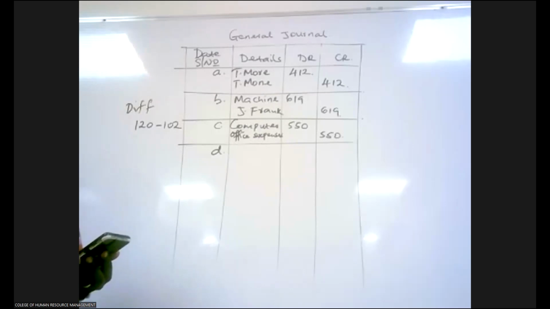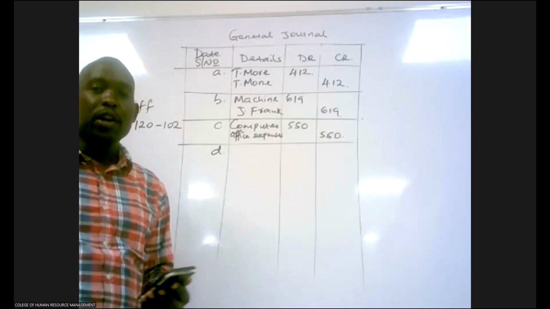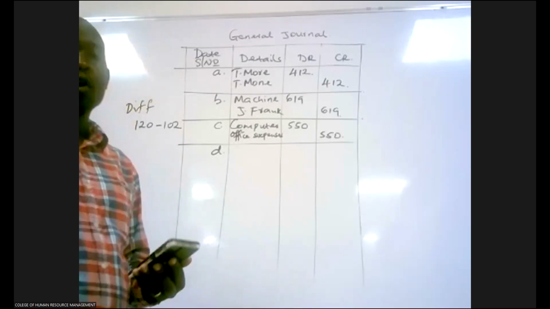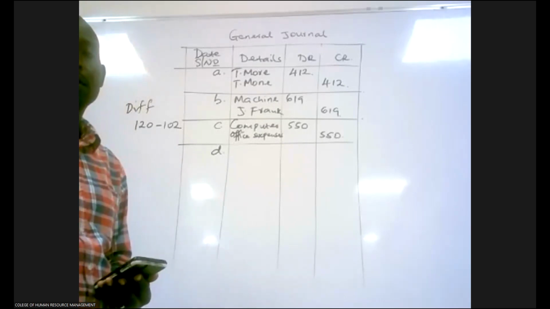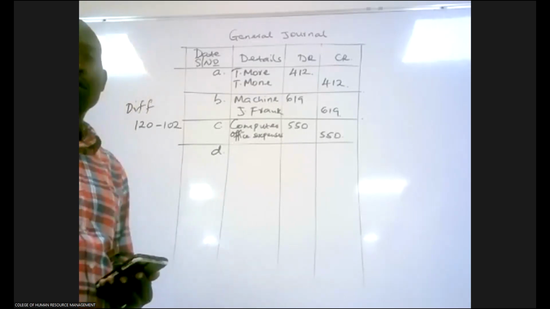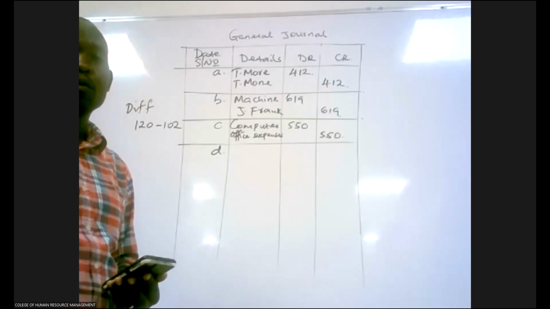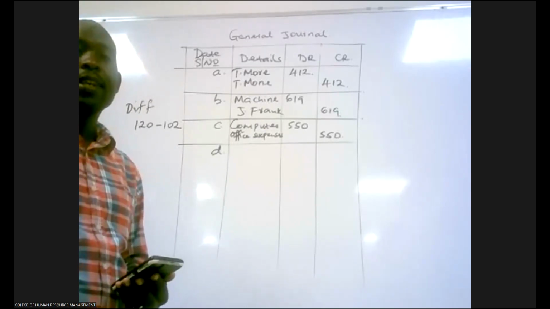Correct. Now the question is, did we record 18 less or 18 more? Less. Yes, we used 102 instead of 120, so we recorded 18 less.